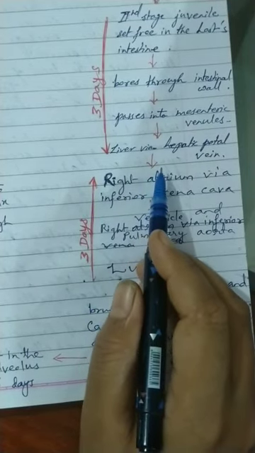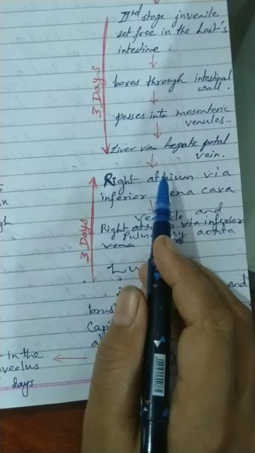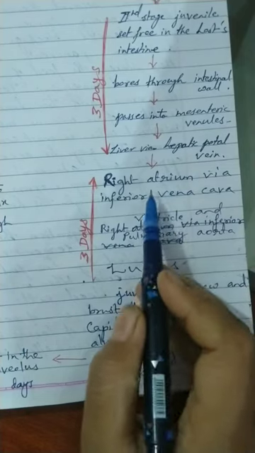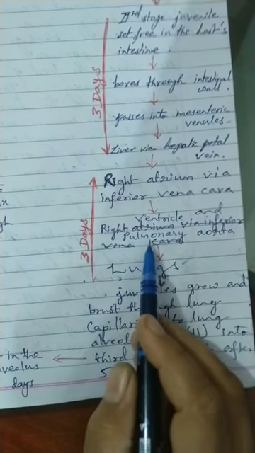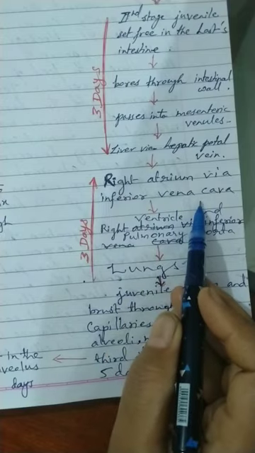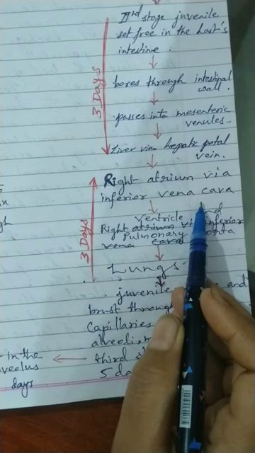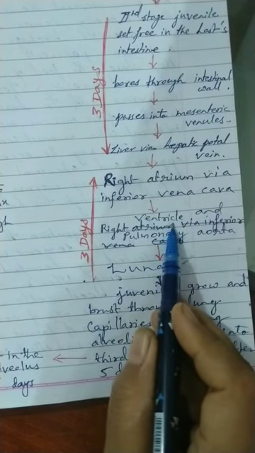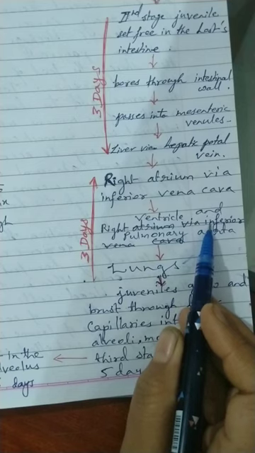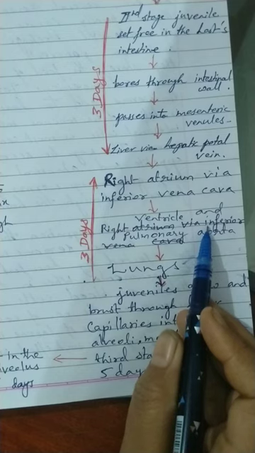Inferior vena cava takes the juvenile from the liver into the right auricle of the heart. Next they come into the right ventricle, from where they enter through the pulmonary aorta.